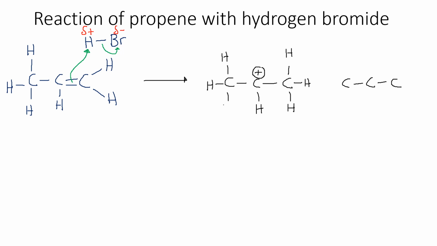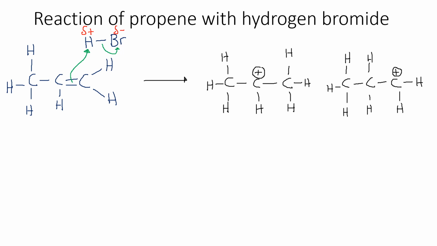That is one of the possibilities. The other possibility is that the carbocation goes on the end, like this, and then you have your hydrogens. So these are your 2 possibilities.